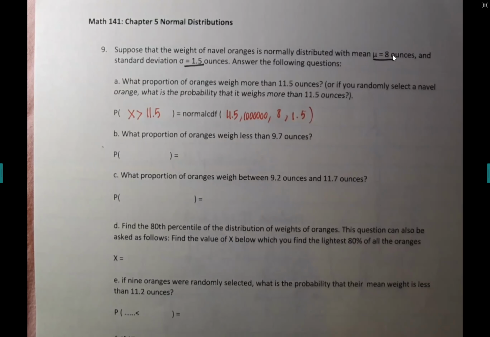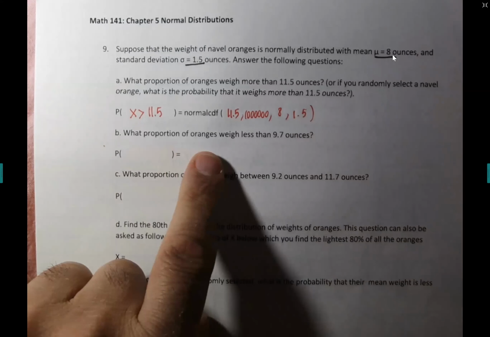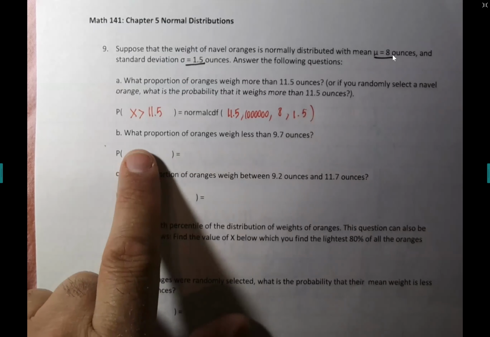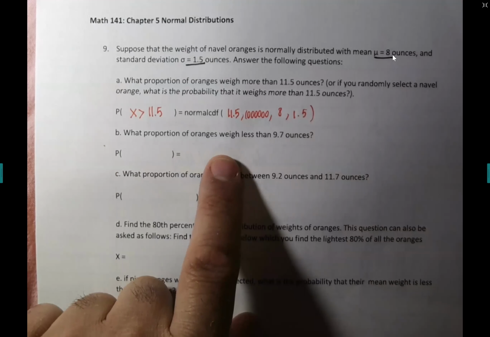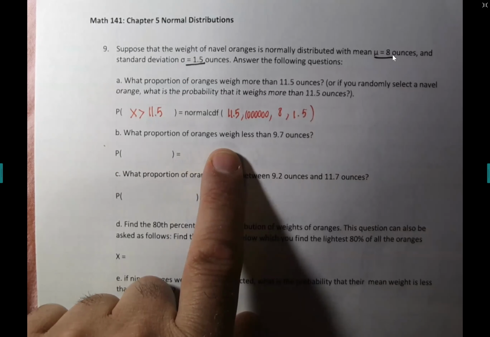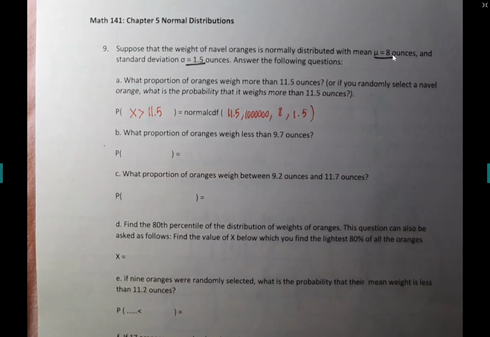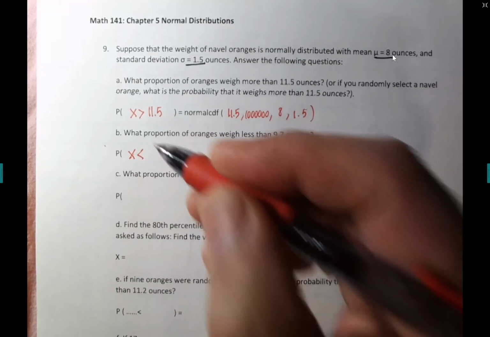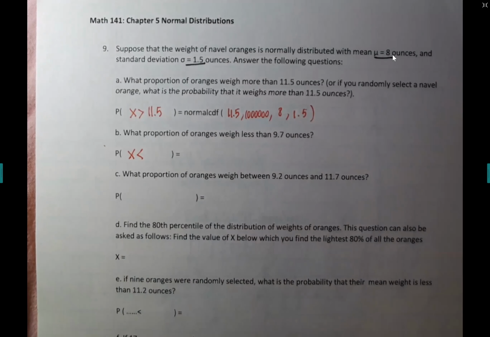Part B. What proportion of oranges weigh less than 9.7 ounces? When I say a proportion, guys, it means what is the probability that an orange selected at random will weigh less than 9.7 ounces. Wait, why did you put those specific numbers on A?